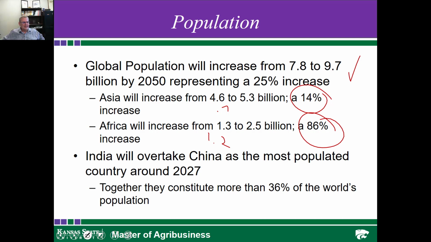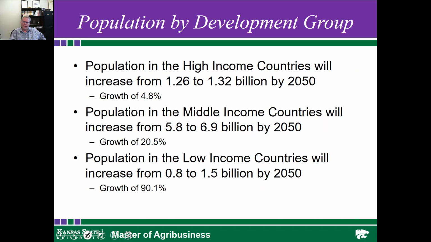Looking at this, India will overtake China as the most populated country by about 2027. Those are the projections. And those two countries constitute roughly 36% of the world's population. So above 1/3, almost 2/5 of the world's population are just in those two countries.